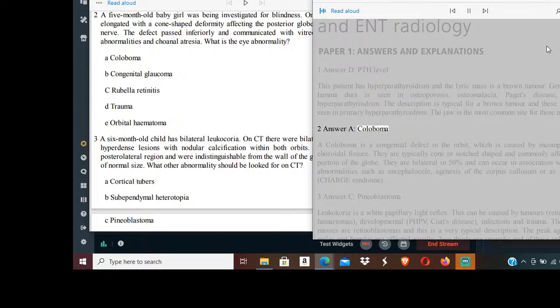2. Answer A, coloboma. A coloboma is a congenital defect in the orbit, which is caused by incomplete closure of the choroidal fissure.